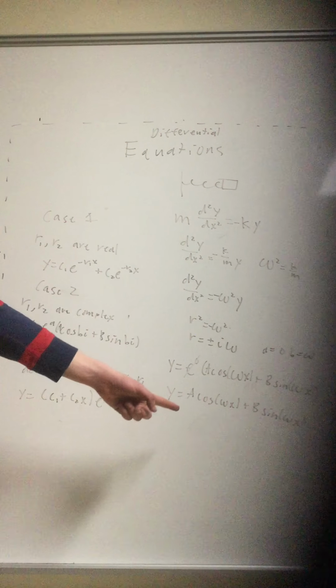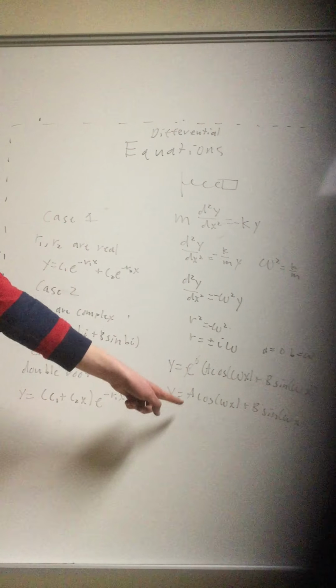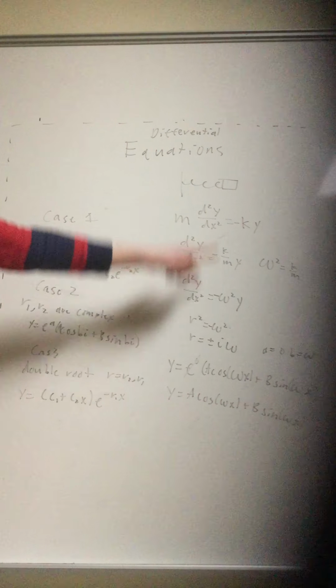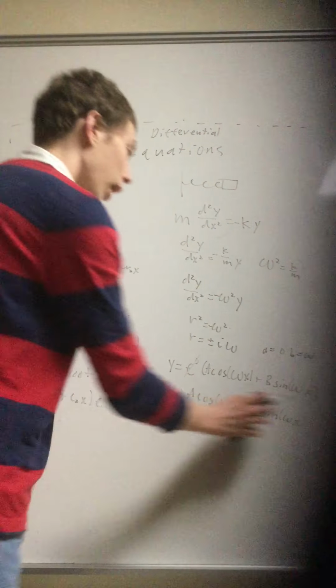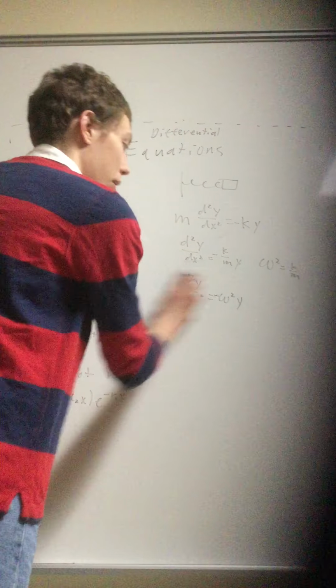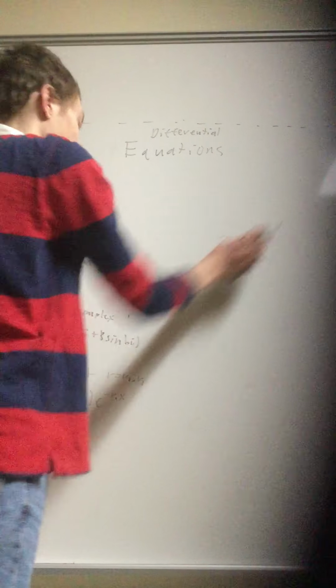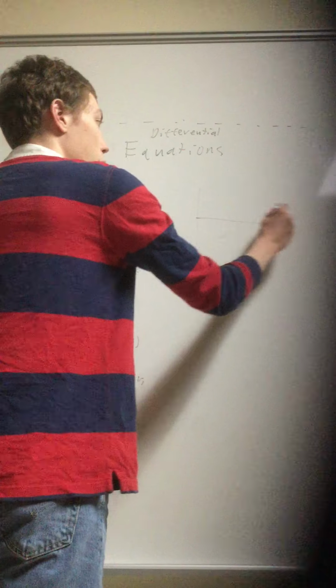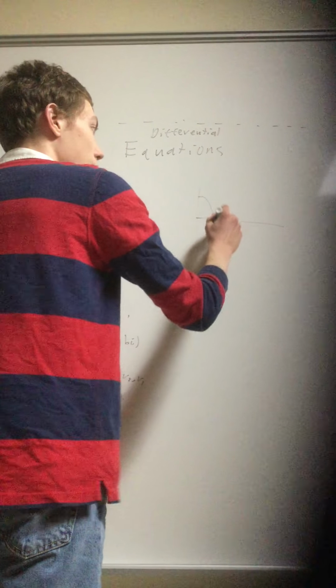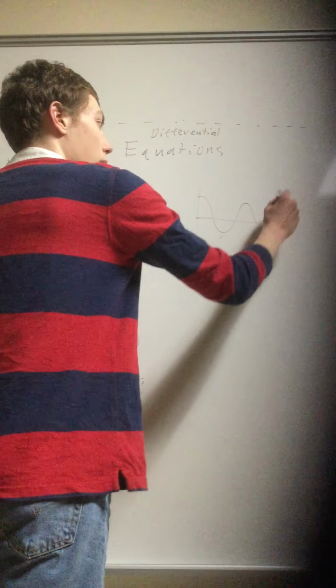So this is what this thing is going to do, and basically this is just a trigonometric oscillation, which means that x is time and y is position. So if you plot this, the spring, after it gets released, is just going to oscillate back and forth.